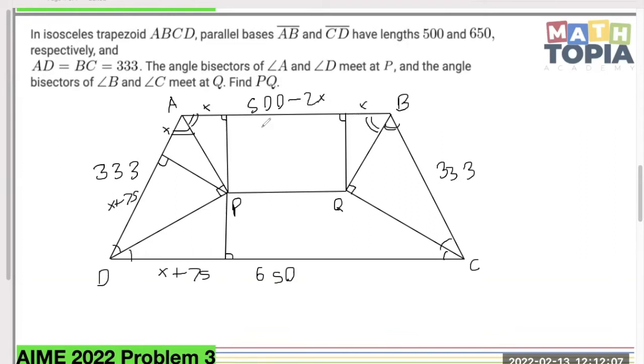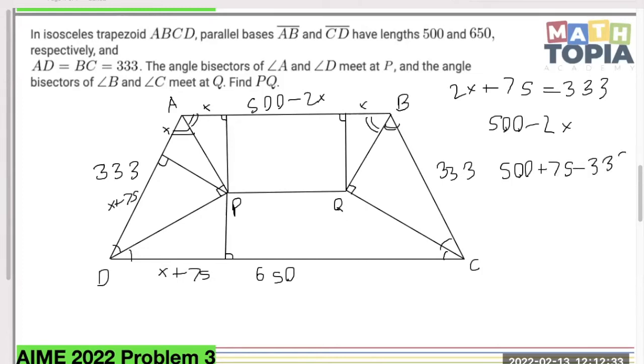So all we're looking for is 500 minus 2X, but we know 2X plus 75 is equal to 333 from right here. So what we can do is 500 minus, and then we know 2X is 333 minus 75, so what we get is plus 75 minus 333. And this is going to be our answer right here.